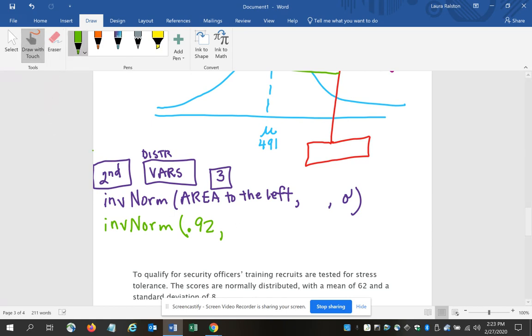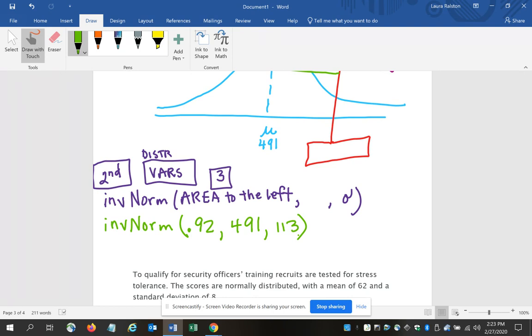Sorry, I reverted back to our other problem. Okay, so it should be, if Miss Ralston gets it correct, 491 for the mean and 113 for the standard deviation. So let me type it in there correctly. Second, bars, option 3, I have 92% to the left of the cutoff, or 0.92. The mean is 491.